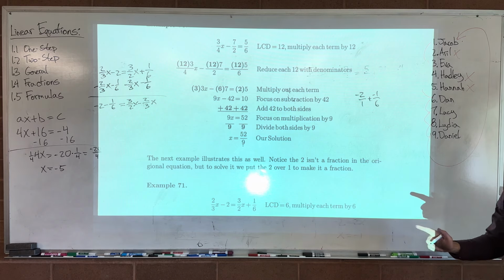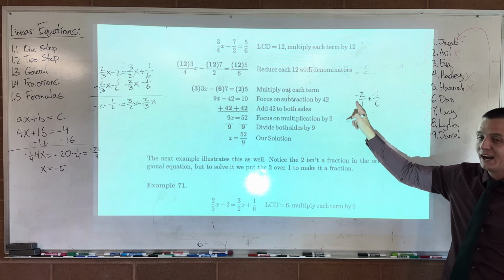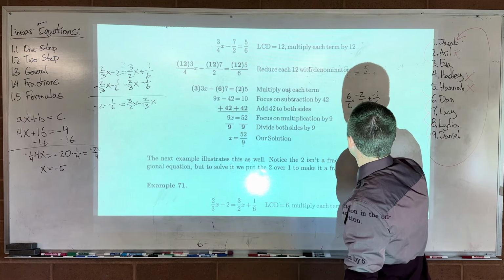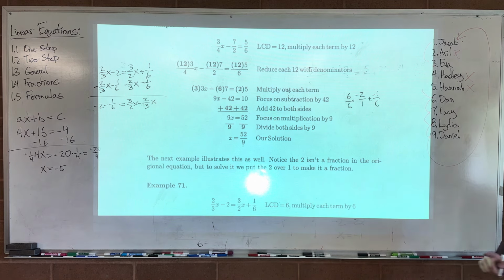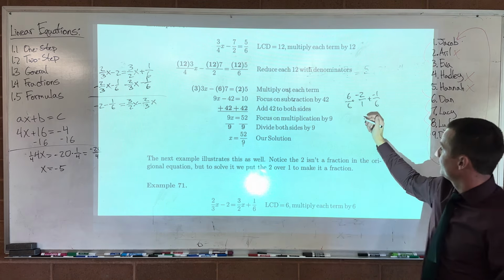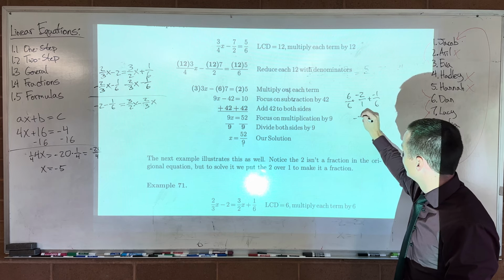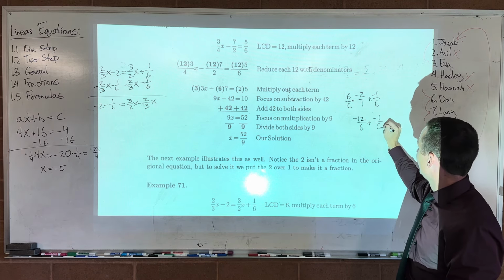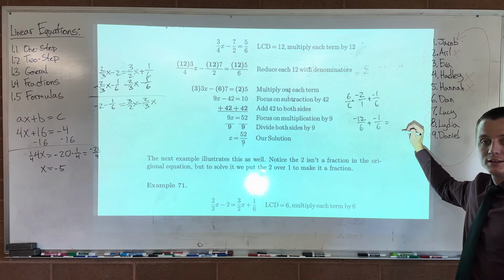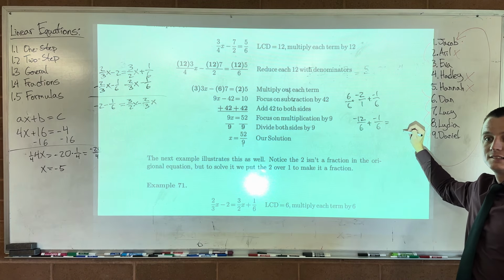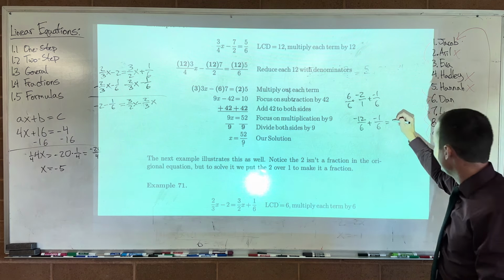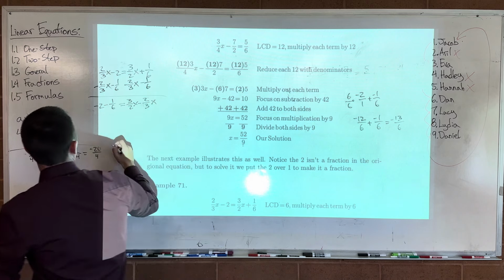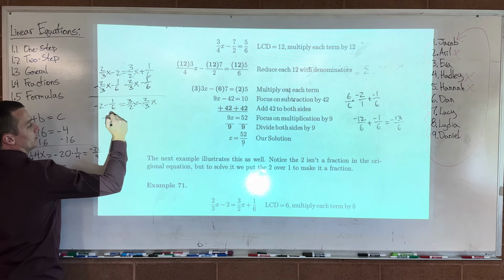So I'm going to multiply this term top and bottom by 6, by 6 over 6. 6 times negative 2 is negative 12 over 6, plus negative 1 over 6 gives me negative 13 over 6. There it is. So over here we have minus 13 over 6.